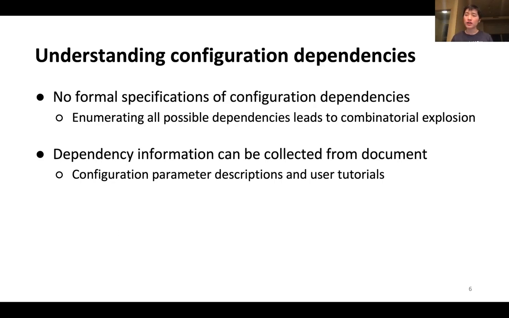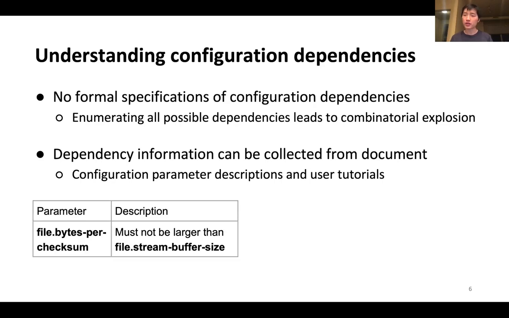However, although there exist no formal specifications of configuration dependencies, we find that dependency information could actually be collected from some documentation, like configuration parameter descriptions and user tutorials. Here is one example from a configuration parameter description, where we can see the parameter file bytes per checksum.